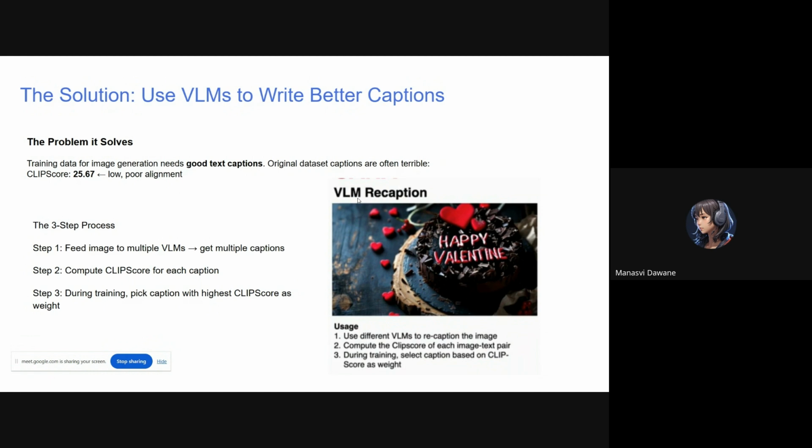It uses VLMs, other models like ChatGPT which can understand text very well, and asks that model to generate the caption. The first step is to feed images to multiple VLMs and get multiple captions. Then it computes the score of each caption, and whichever caption has a high score, during training it picks up that caption and uses it.